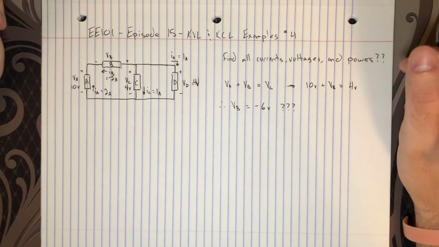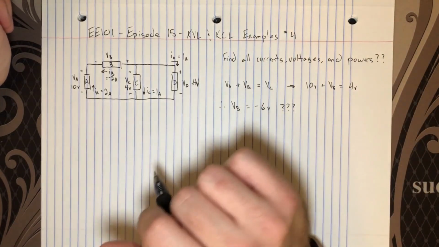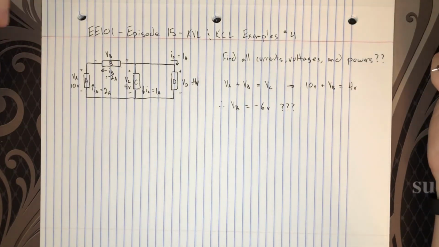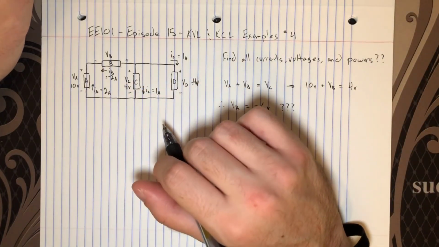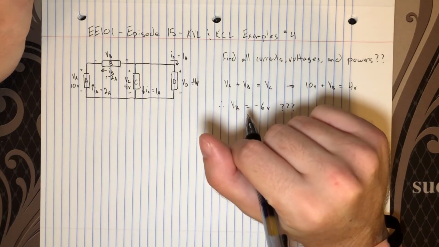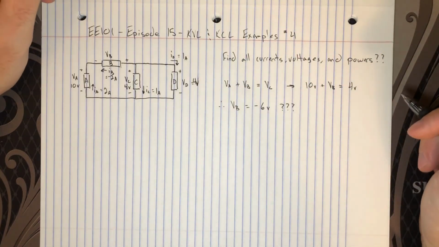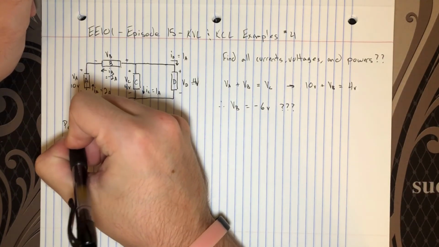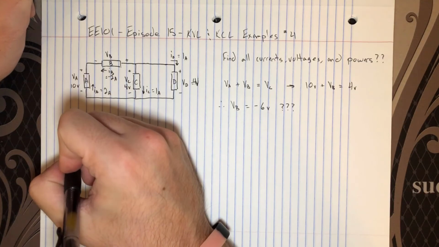But we're just going to say that some of these are source elements and some of these are passive elements based on what we calculate here. And we're going to go through, find the power for each element and verify that it's conserved in the circuit. So the first thing is, let's find the power in element A.